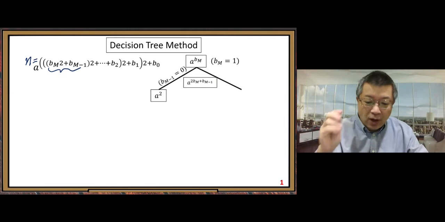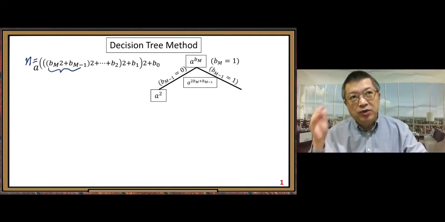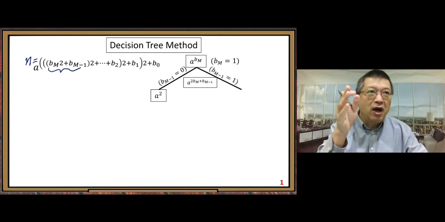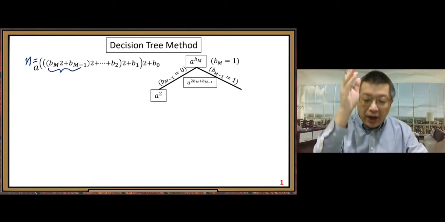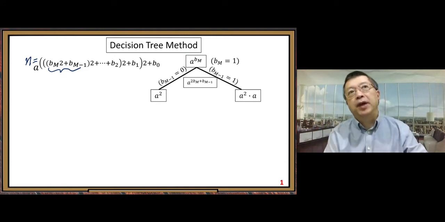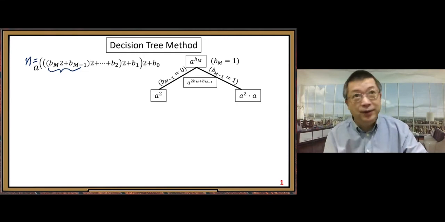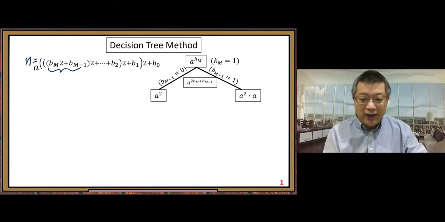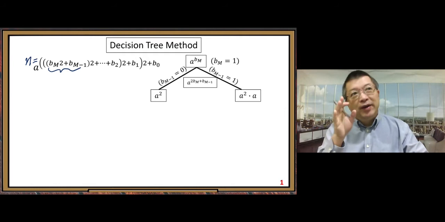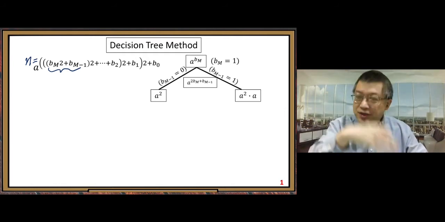For the other case, b_(n-1) equals 1, this time we need to do a squared times another a, so a cubed. That's 1 step forward.